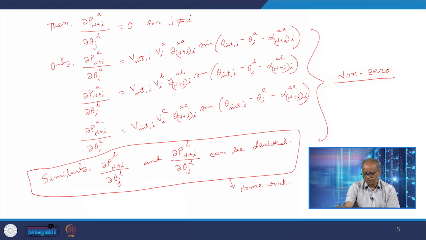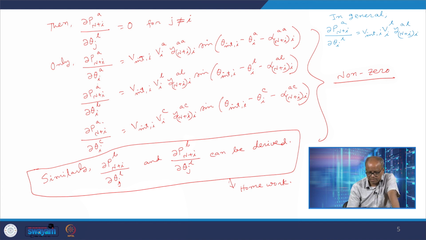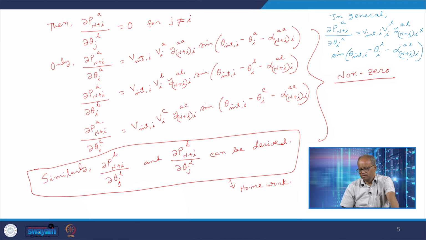In general, I can say that del Pn plus IA by del theta IL is equal to V internal I VIL, then Yn plus IAL, then sine theta internal I minus theta IL minus alpha n plus IAL. So this is the standard.